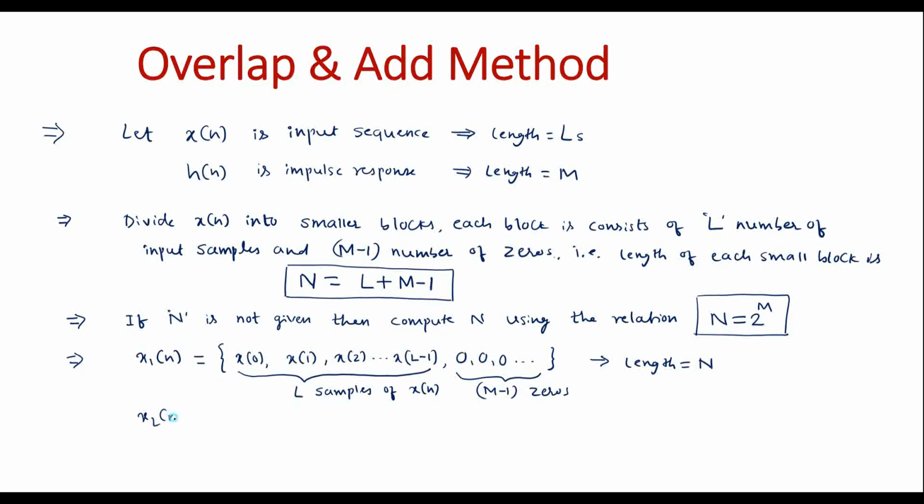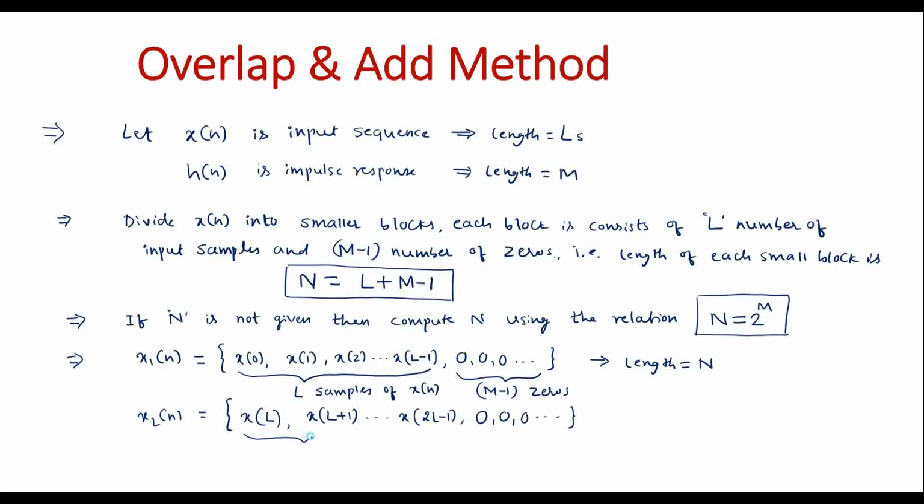Similarly, x2 of n, which is equal to next L samples of x of n. That is, here we have taken L samples of x of n. The remaining next L samples of x of n is to be considered in x2 of n. It begins with next sample, that is x of L. Next sample is x of L plus 1 and so on. The last sample will be x of 2L minus 1. And here also it is appended with m minus 1 zeros.